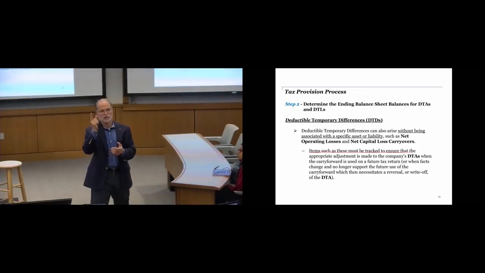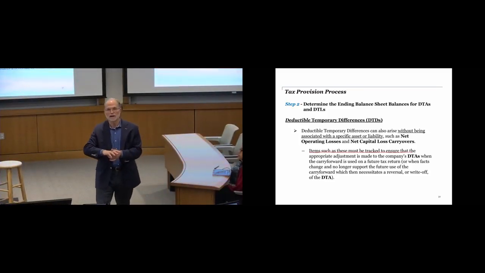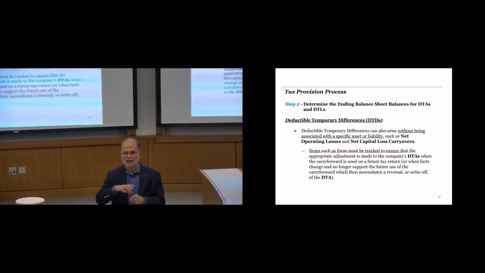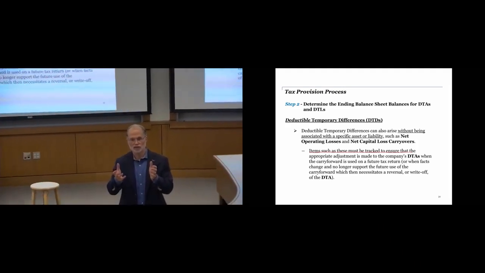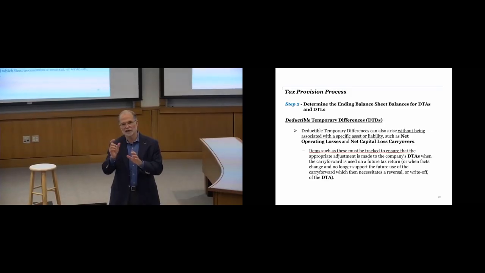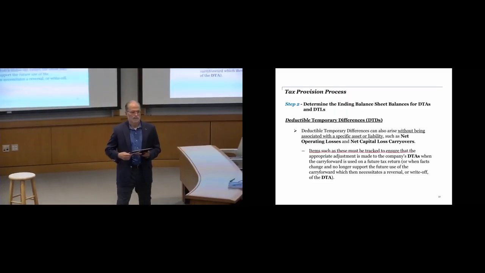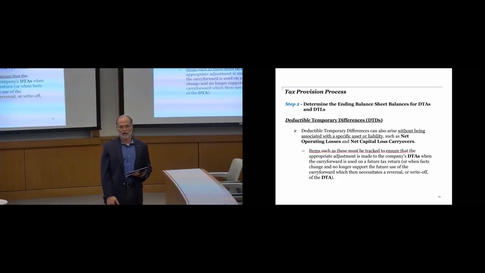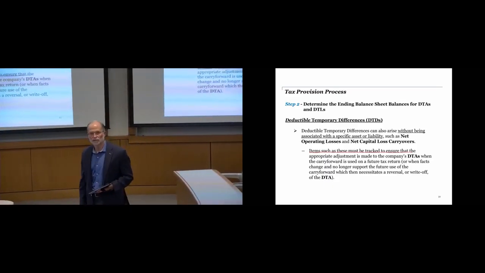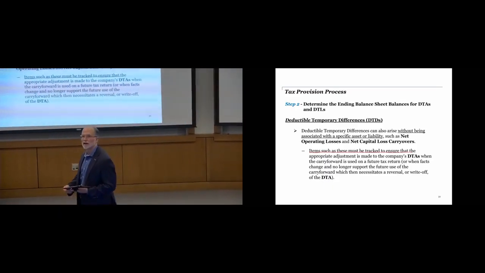The answer is yes, but it's limited to the amount. So the government does want you to use some of the losses, but they limit it because they don't want people buying companies solely for losses and utilization of future losses. And so we'll cover that. There's a complicated limitation that's associated with that. But the answer is yes, you can use some, but not all.